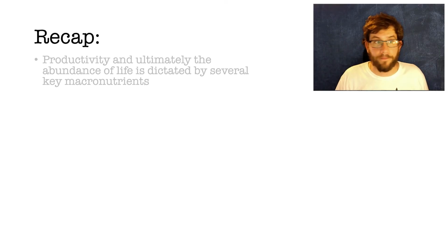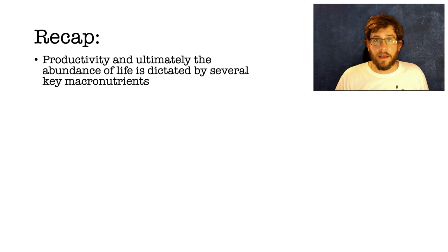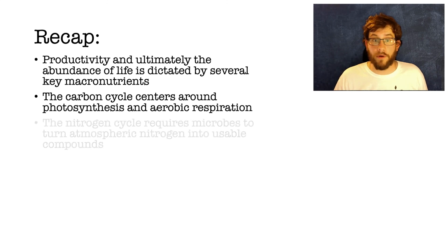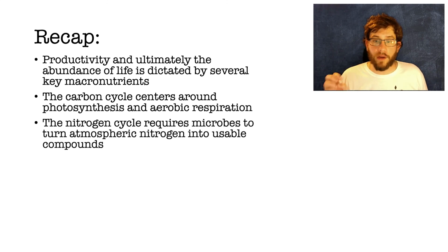To recap, productivity and ultimately biodiversity and the abundance of life are dictated by the presence of these key macronutrients. The carbon cycle centers around the idea of photosynthesis and cellular respiration, or aerobic respiration. The nitrogen cycle requires microbes to turn atmospheric N2 into usable forms that plants, and therefore you and I, can use.